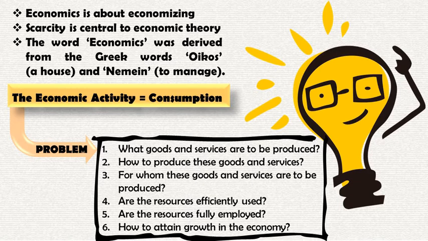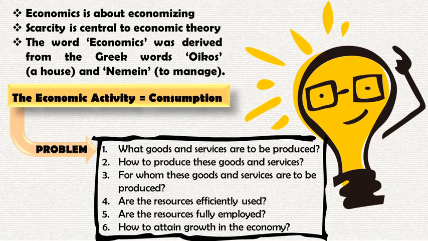So now, for us to address this problem, we have some questions. Number 1, what goods and services are to be produced? Let's go with the household muna. So sa bahay, gawin natin example muna sa bahay, lahat itong mga problems or itong mga questions na ito.